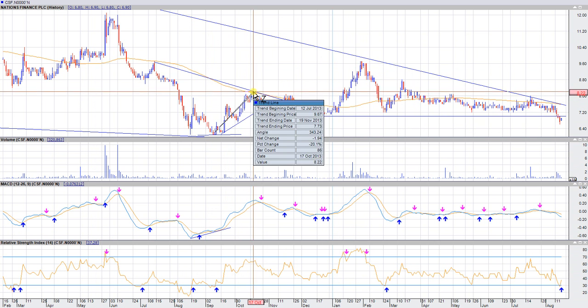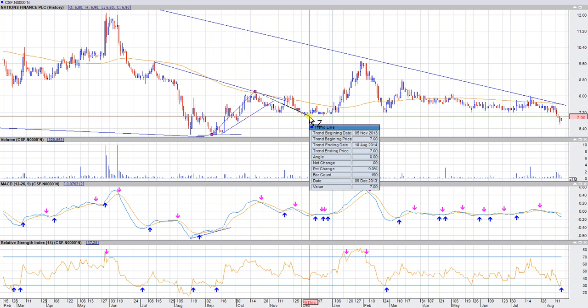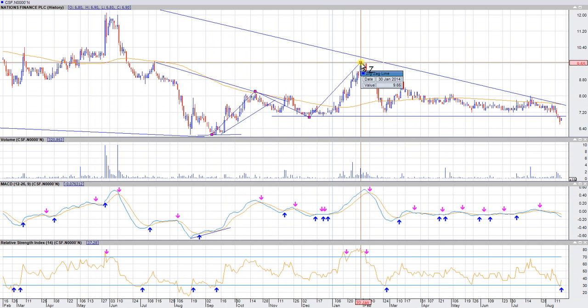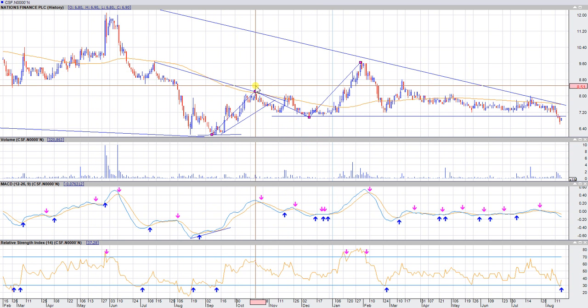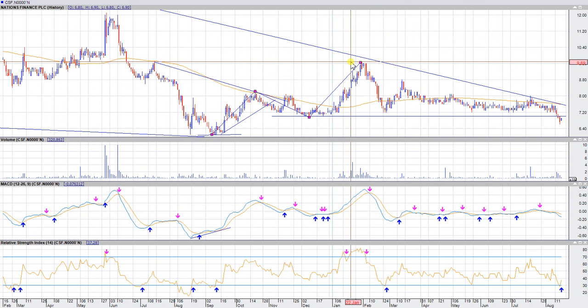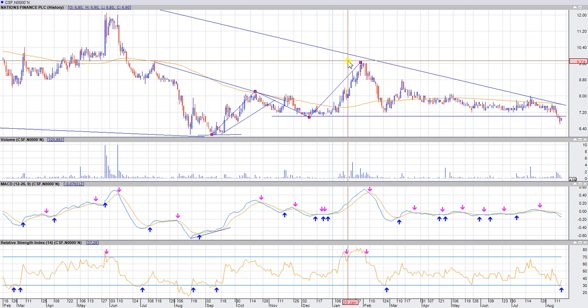See here, so if you consider this is the low point, this is the high point, it's making higher lows and higher highs. So this is what we need in a trend. In an uptrend we need to see higher lows and higher highs. So this is very important.